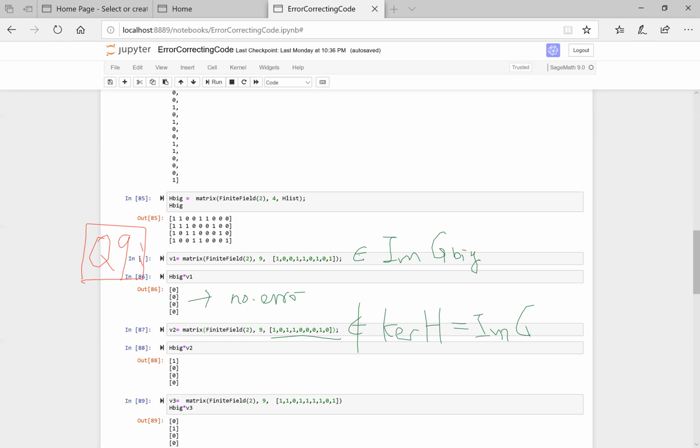We are regarding this vector V1, or the code word here, as a column vector. Even though it's presented as a row, that's because of our writing system. What really happens is we have a 4x9 H big, and then we are writing a column vector here, 1, 0, 0, 1, and a bunch of the rest. That's the correct way to present the matrix in your problem 4, inspired by problem 9. That's why I suggest first doing this example. Any questions about this?